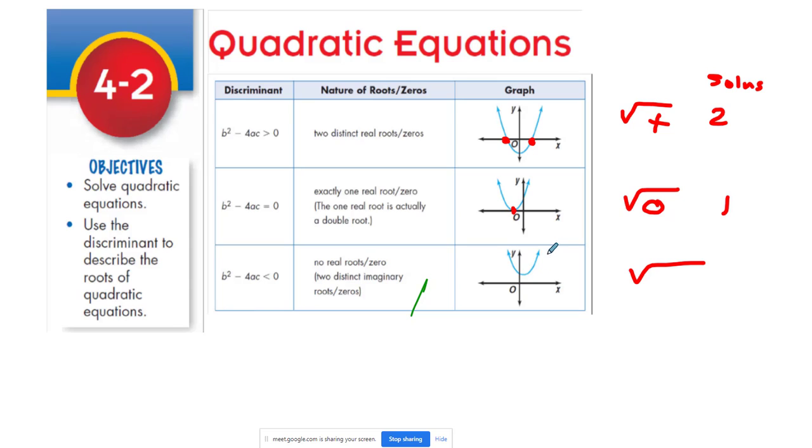And if you have a case like this where you see that it doesn't cross the x-axis at all, there are no roots. There's no real roots there. And that's what happens if you get a negative when you do the b squared minus 4ac part. That means there are actually no solutions. It cannot be done in terms of the quadratic formula because there aren't any roots to be found.